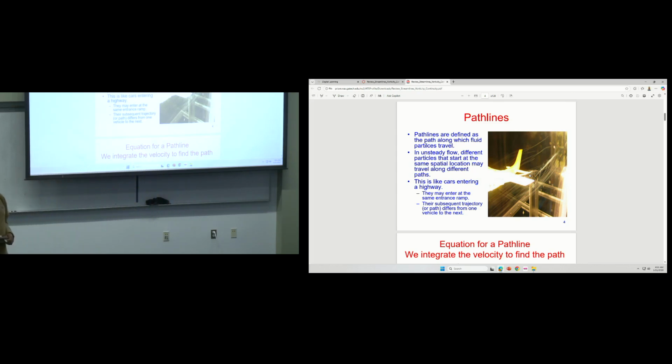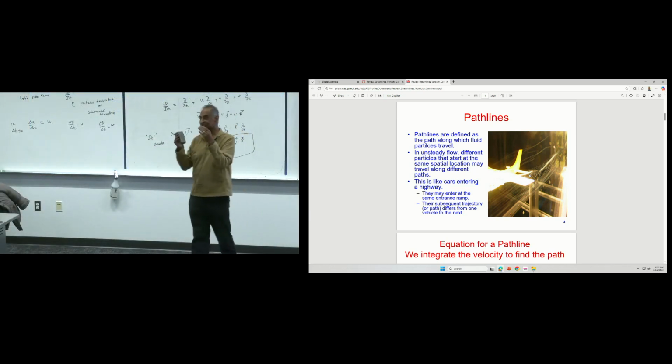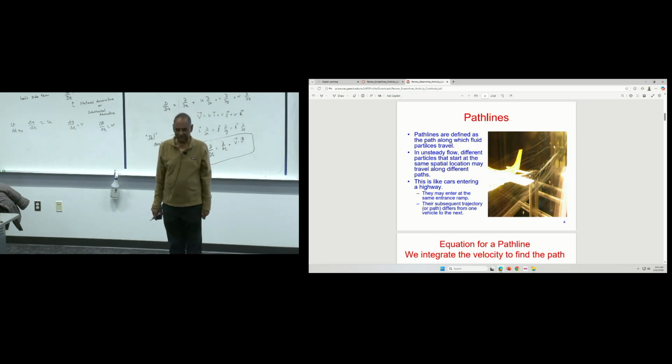Okay? But streamlines cannot cross each other because a velocity vector can be pointing only in one direction, right? So no way at a single point you could have two velocity vectors pointing two different ways unless it's a stagnation point. If you have a zero velocity, I could be pointing forward, I could be pointing this way, this way. Nobody cares. Okay? So at the stagnation point, streamlines will split.